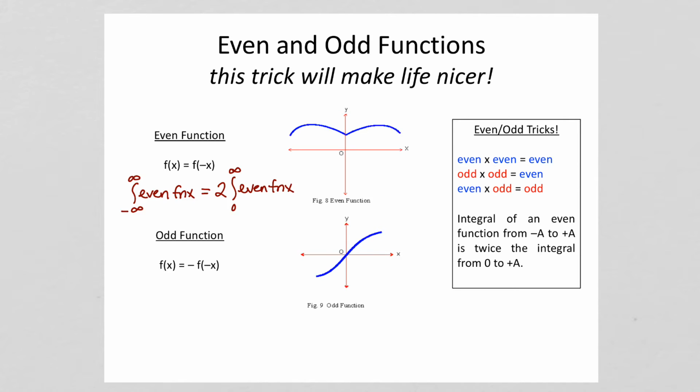Again, a lot of times you'll have the ability to get the result for this integral with these limits from 0 to infinity, but not these full limits. So all you'll have to do is take 2 times the result of that function. Okay, so that's the trick for even functions.